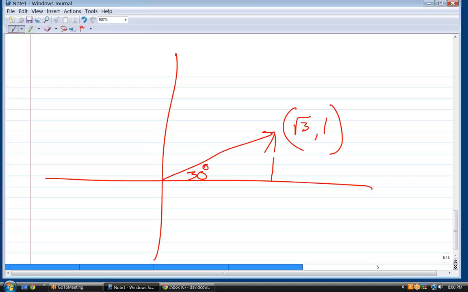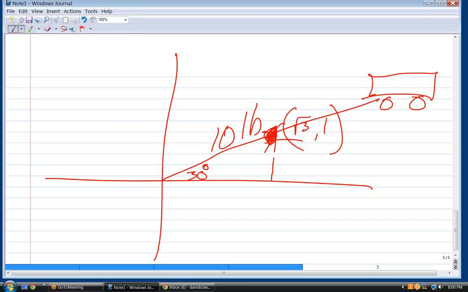As an example, let's say you have a force. Let's say you have a truck pulling something, a big truck on 4 wheels, okay? And it's pulling whatever, a chain, with a force of 10 pounds.